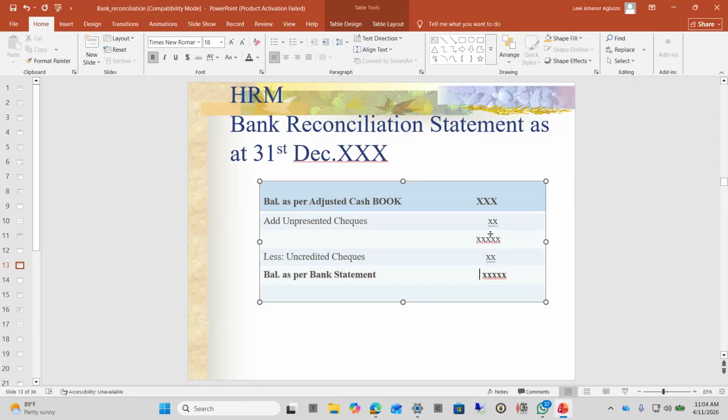Balance as per bank statement. Look at this format carefully. We said balance as per adjusted cash book. Then we add what? Unpresented checks. Yes. And then we less what? Uncredited checks. Okay.